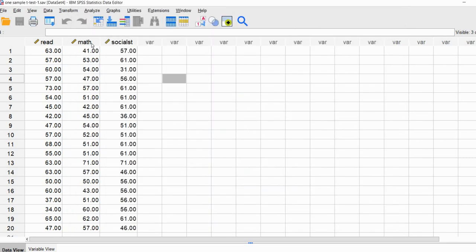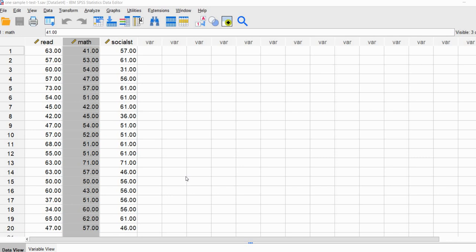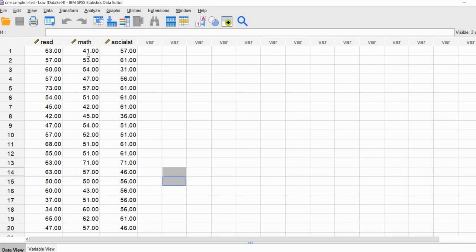Now let's consider using our math scores variable. For our second analysis, we're going to be testing whether the mean on math scores is greater than 42. Our alternative or research hypothesis is that the mean on math scores is greater than 42, whereas the null hypothesis is that the mean math score is equal to or less than 42.